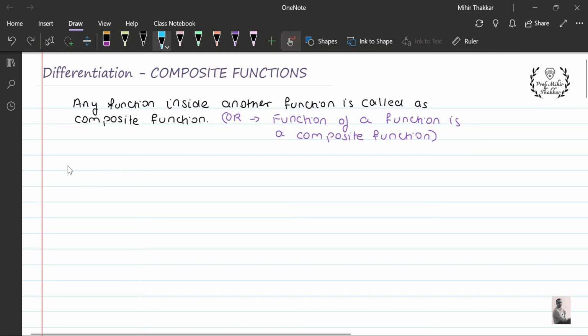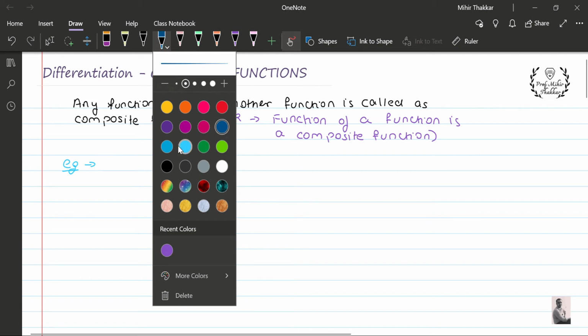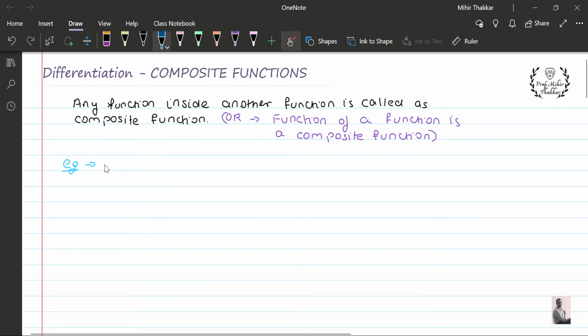Like for example, if you have log x, then this kind of function is called a basic function. But instead of x, if I have log of 5x minus 1, there is a function 5x minus 1 inside the logarithmic function.